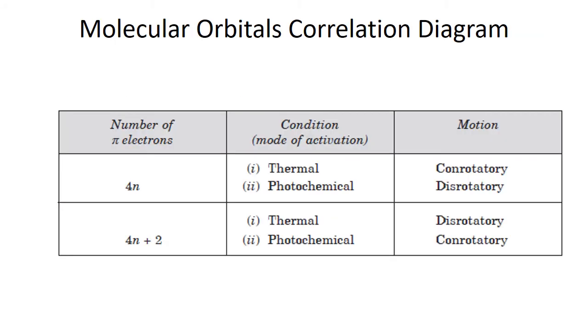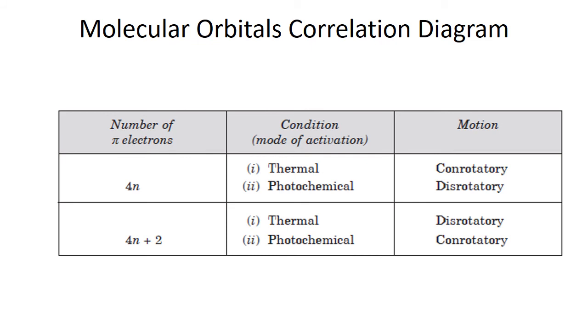Okay, coming to another conclusion that is drawn from repeated experimental results and also theoretical work. What we have inferred is that for a 4n pi electron system, just like we have discussed in the butadiene case, thermal electrocyclization is allowed through conrotatory mode of rotation, and it is allowed photochemically by disrotatory motion.